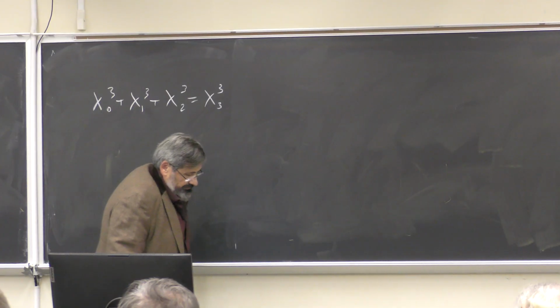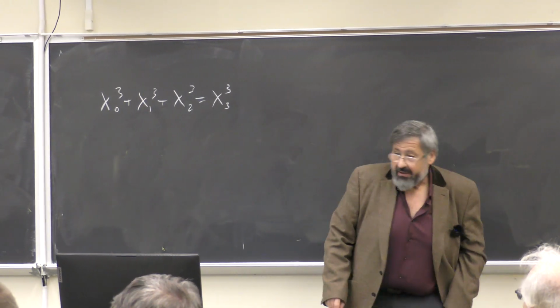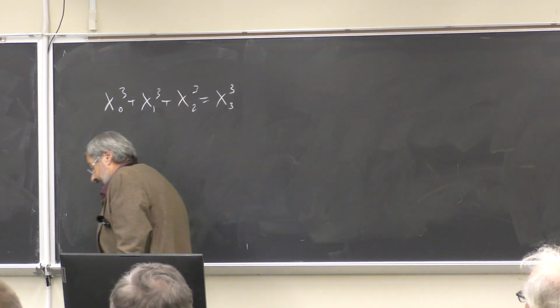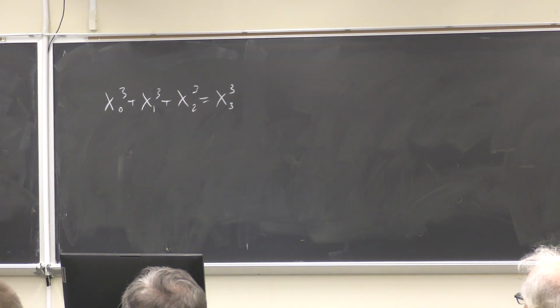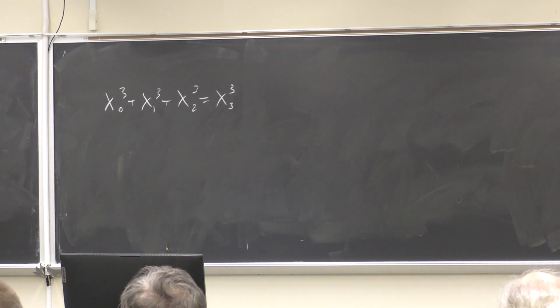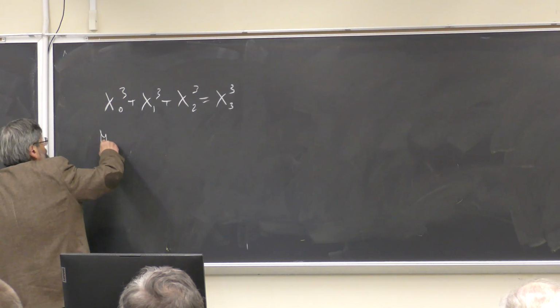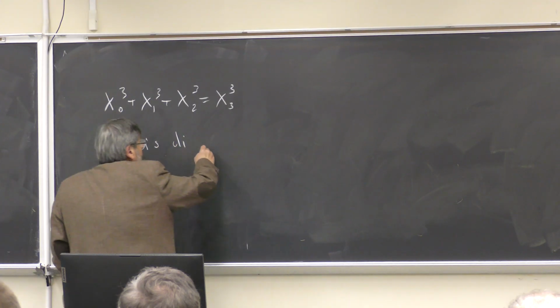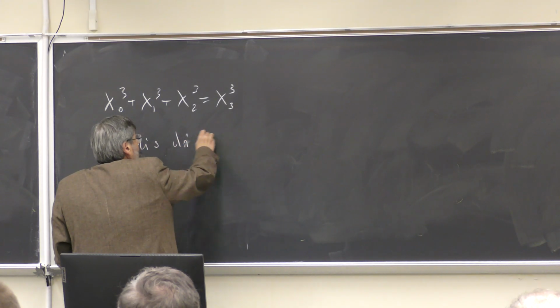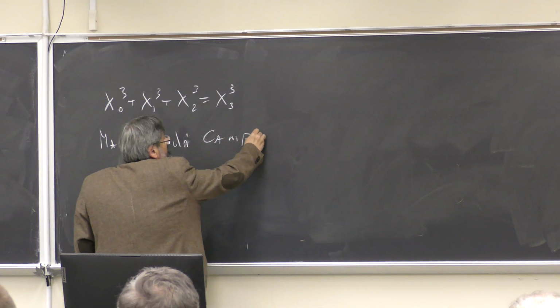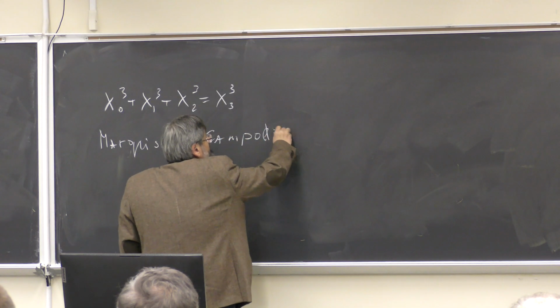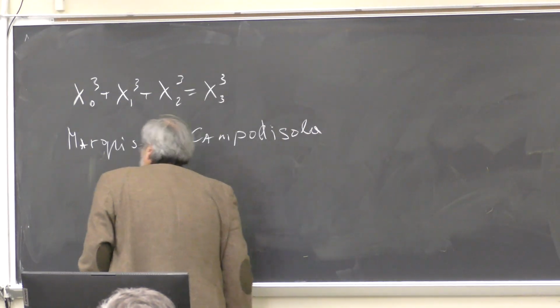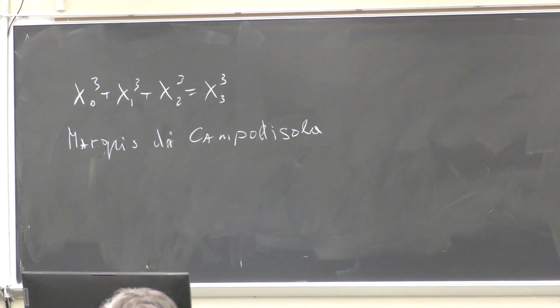So if you look at this hypersurface in P3, it is known that it is birational to P2, and that belongs to Marquis Campo di Sola, who actually has shown this.